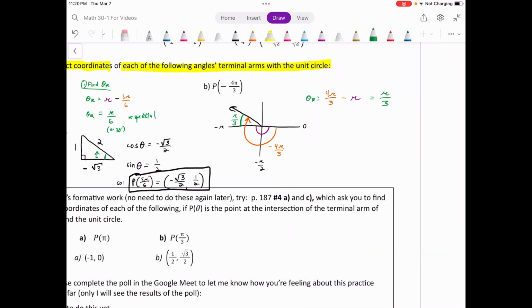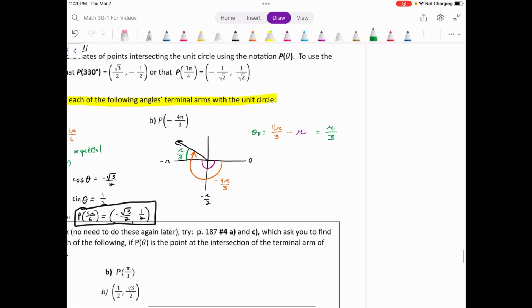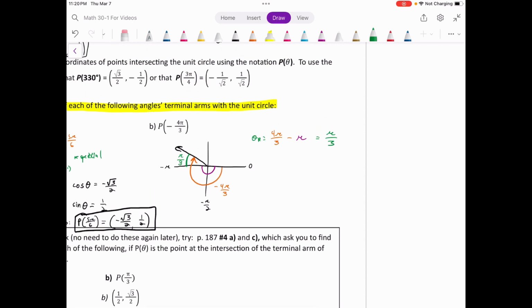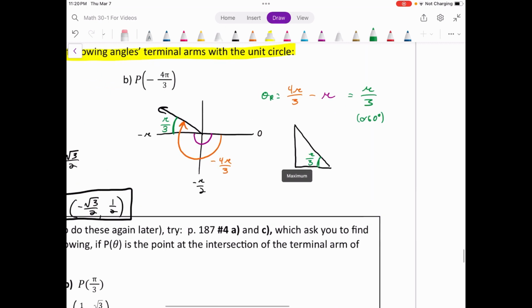Now, pi over 3. Is that something we can work with? Does that sound kind of special to you? 180 over 3 would be 60, and 60 is definitely one of our special triangles. So if I draw it out here to match what we're looking at, this angle is pi over 3, which is 60 degrees, converted to degrees.